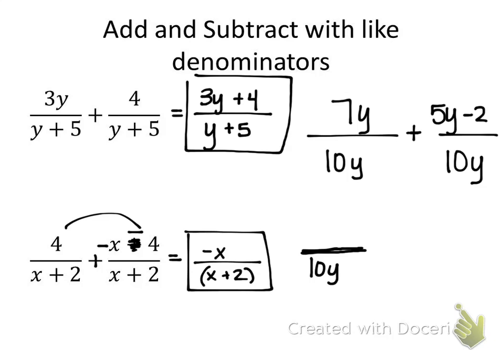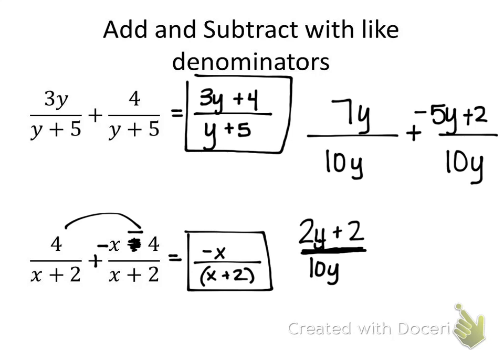I have a plus sign, and then it's going to be negative 5y and positive 2. So let's add like terms. What are my like terms, Dalton? 7y, negative 5y, which gives me 2y. And then what else am I going to do? Plus 2. Goes on the end.